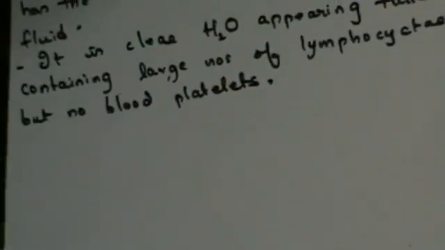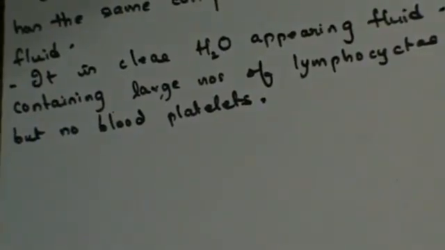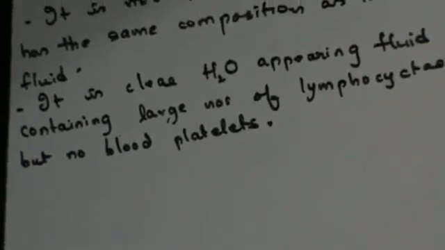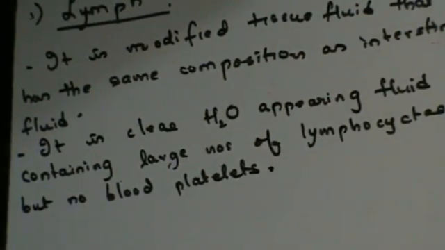The protein concentration in the lymph varies between 2 to 4.5 grams per deciliter, and it is near to that of a tissue fluid.